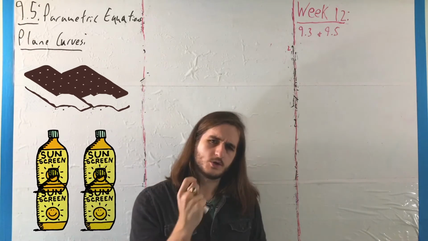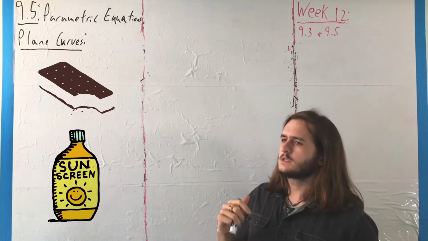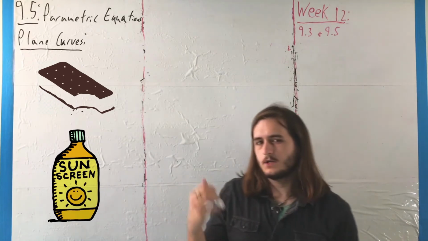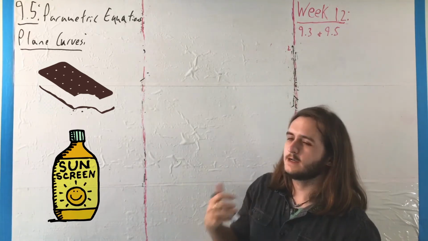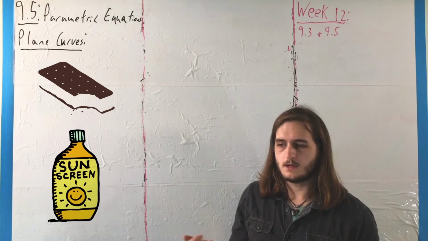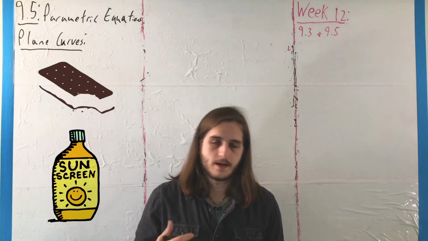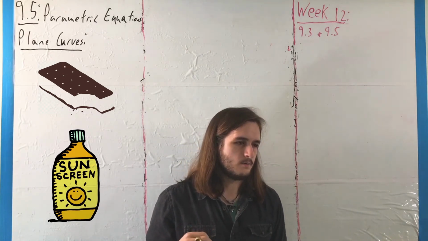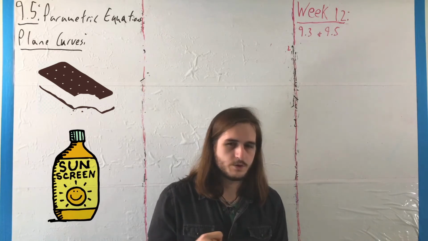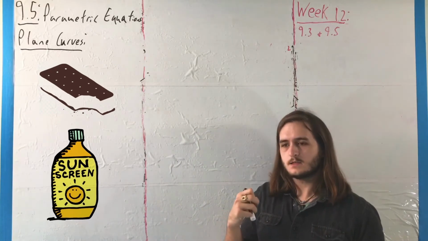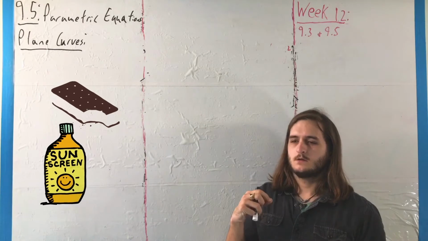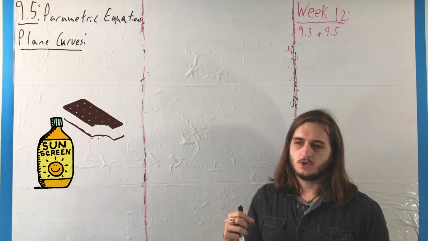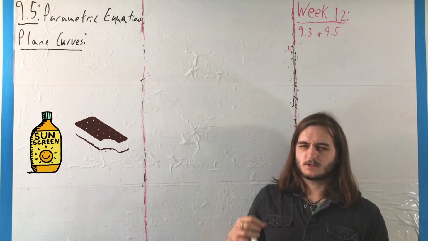And then you might look at those 2 things going up and say to yourself, well, wait a minute. If for every degree there's another ice cream that gets sold, and for every degree there's that amount squared of bottles sold, would that mean that for every ice cream sandwich you get that amount squared bottles of sunscreen?